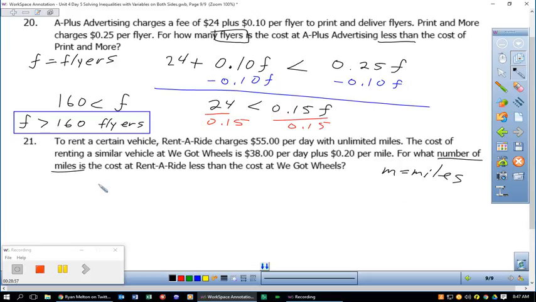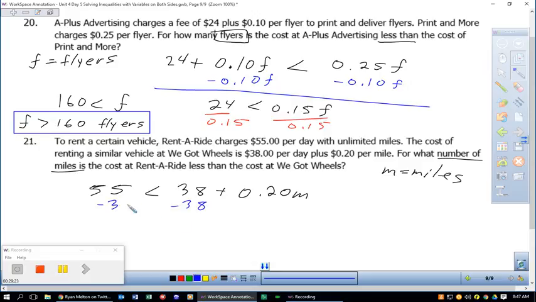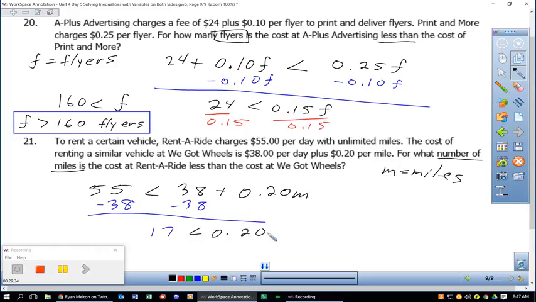All right. So for Rent-A-Ride, that's $55. That's it, since it's unlimited miles, we don't have to worry about the miles. So let's see. When is that less than We Got Wheels? That's $38 plus 0.20 m. So we'll subtract 38. It's going to be 17, I believe. 17 is less than 0.20 m.